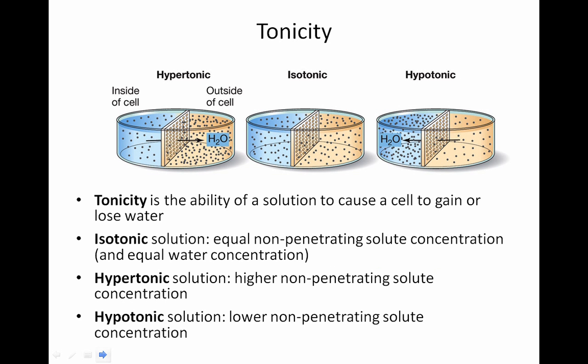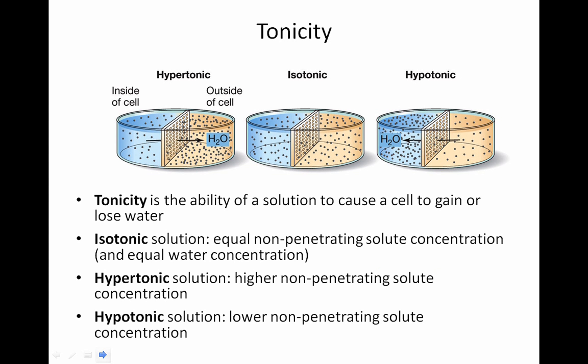Another definition that you're going to be seeing a lot is tonicity. This refers to the ability to cause cells to gain or lose water, like that picture you saw a long time ago where the red blood cells were in solution. Now we have 3 different states: isotonic, hypertonic, and hypotonic. I know some students struggle with these, but there's an easy way to remember this.